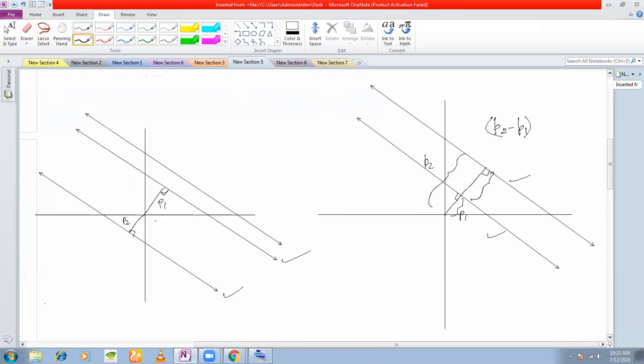And in this case, what should be the distance between the parallel lines? It should be P1 plus P2. So I don't know whether this is the one or this is the one, right? That is why I take a plus or minus sign. Because see, if I take a minus sign here, this can also be written as minus of P2 minus P1.